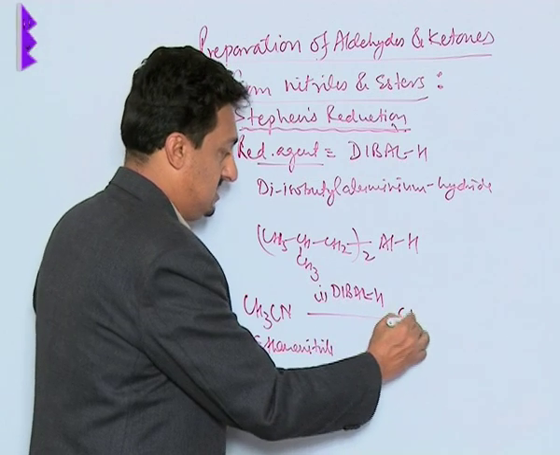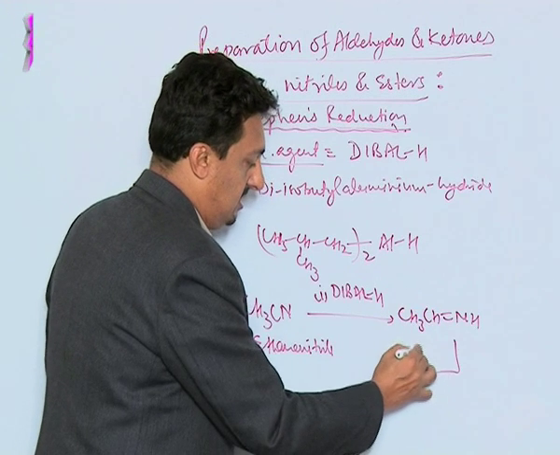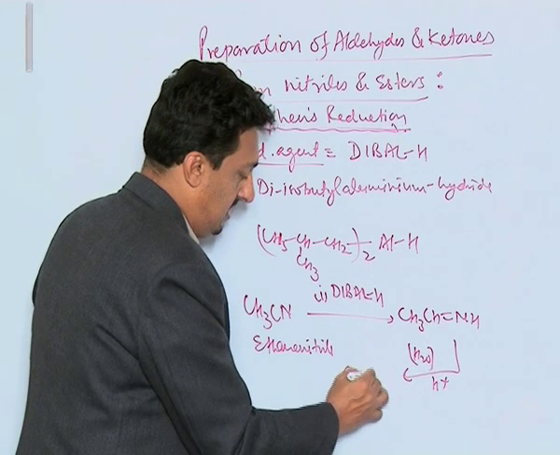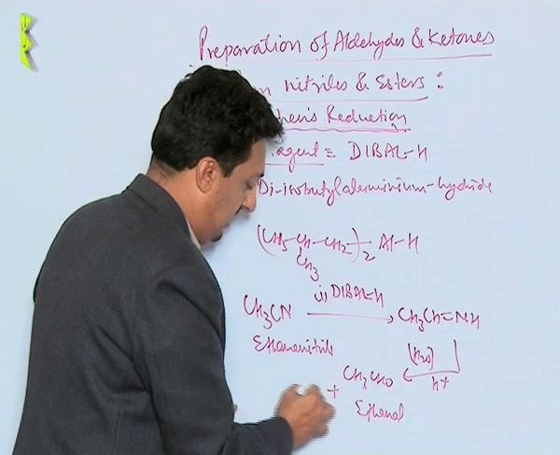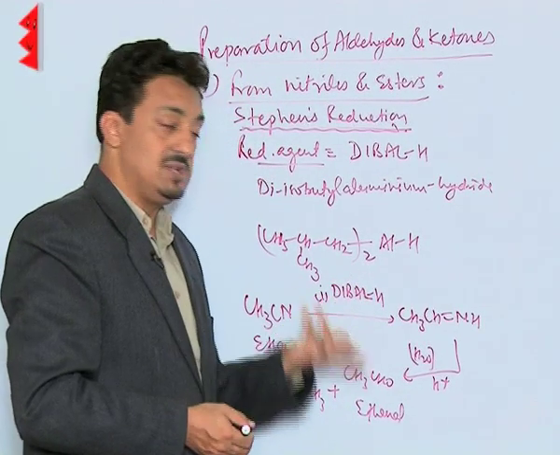Let me write it down like this: CH3CH=NH, and this on hydrolysis in acidic medium will give us ethanal or acetaldehyde plus ammonia. So same thing; in place of SnCl2/HCl we are using DIBAL-H.